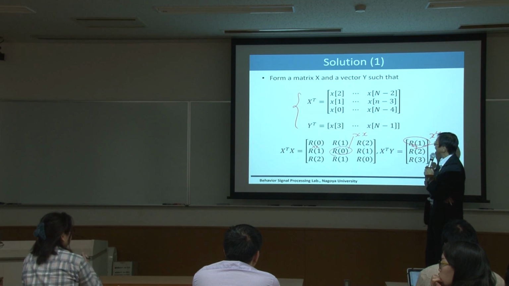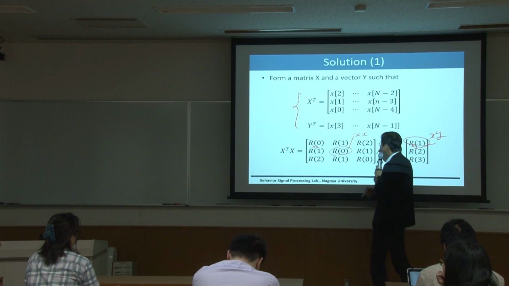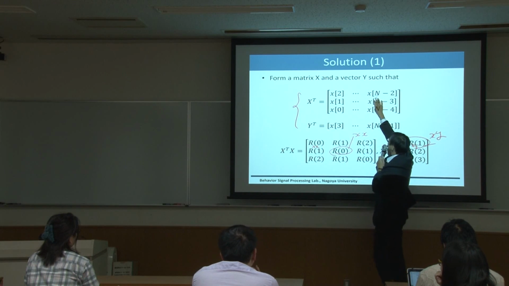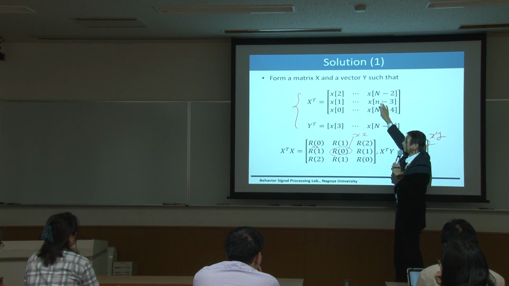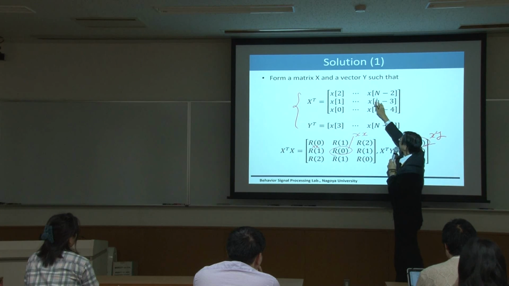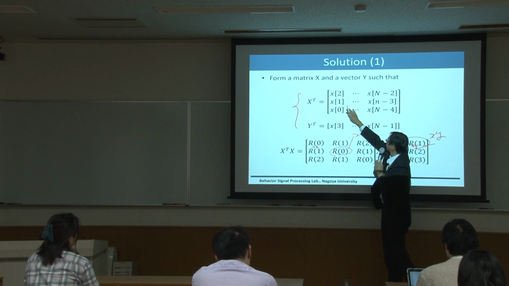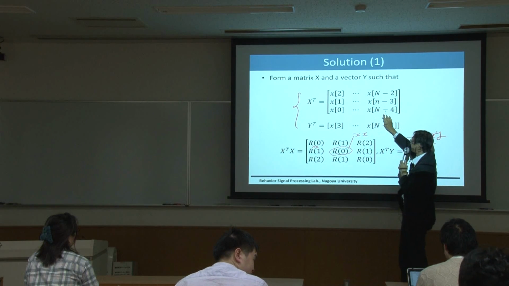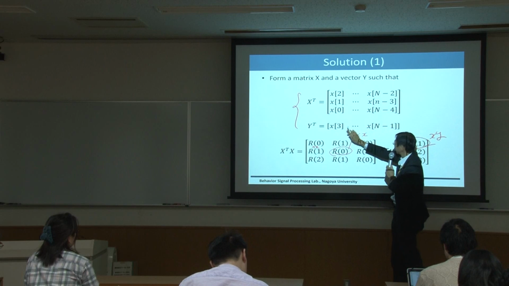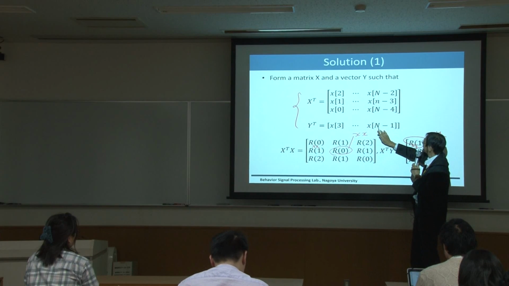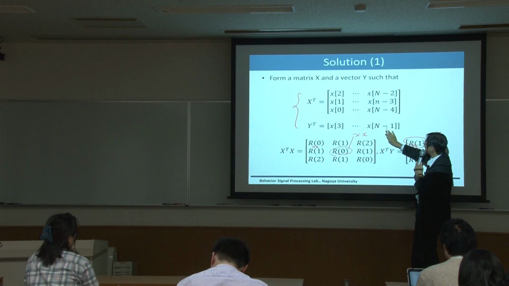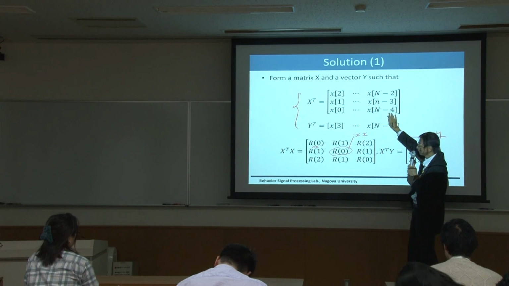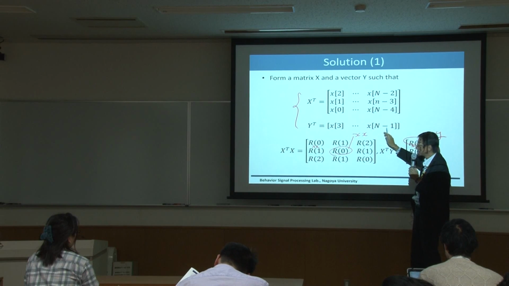Well, to be more simple, let's say capital N is 10, okay? So we have 2 to 8, 1 to 7, 0 to 6, and so on.